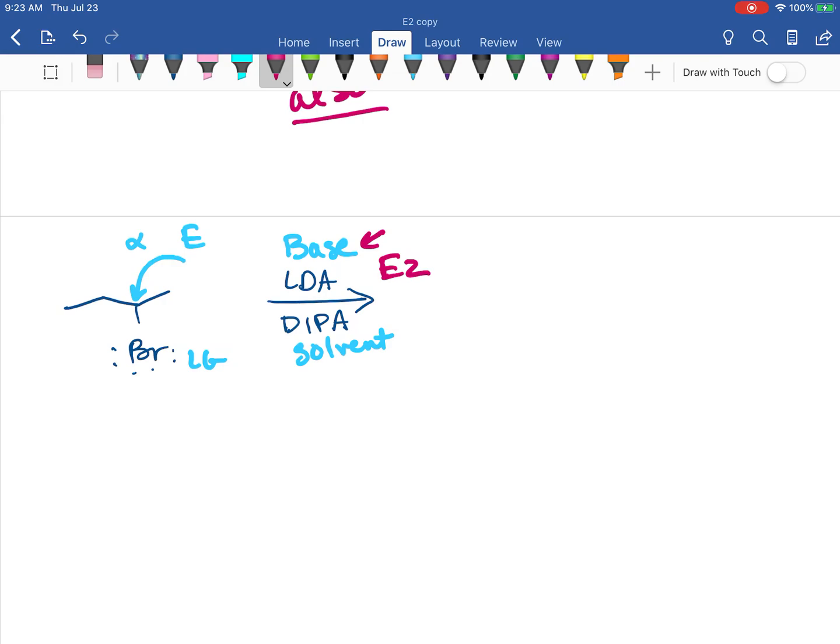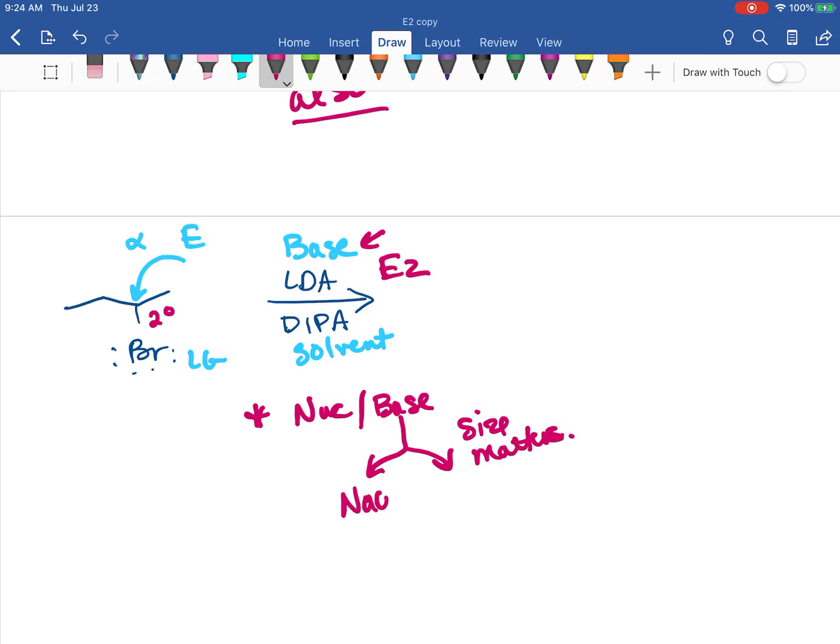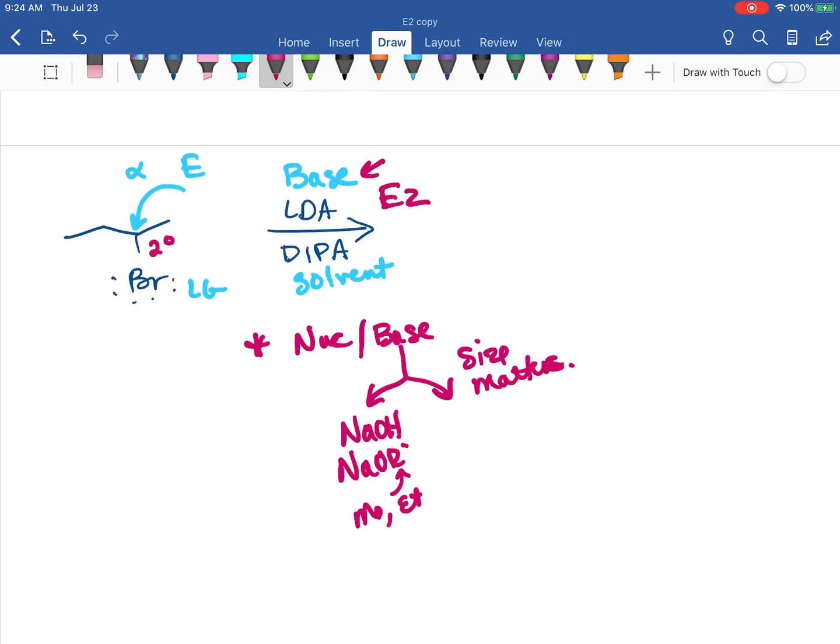So now that we've got this E2 reaction, I'm going to add a little caveat. Remember, the first thing we do is look to compare if we have a nucleophile or a base. This is second order. We have a base. I'm going to add to this: size matters. Your sodium hydroxides, your sodium methoxides, any of those R groups here, methyl, ethyl, any of those small O bases like that, they are going to give you your innermost or most stable product.